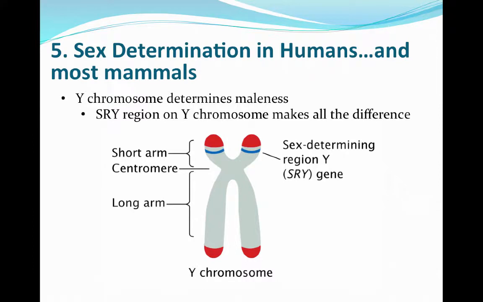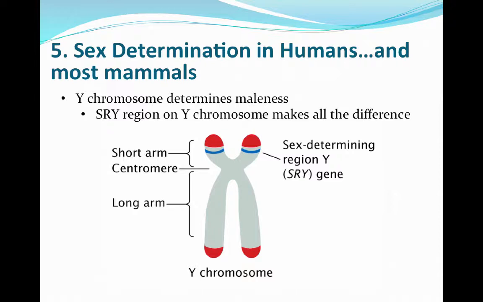All right, and finally, the last sex determination system that we're going to talk about is in humans and also in most mammals. So we see this in most of our livestock species as well. The sex determination system in humans really goes back to the Y chromosome determining maleness.